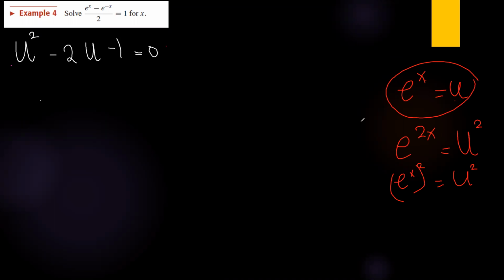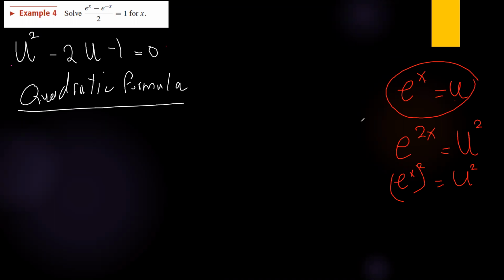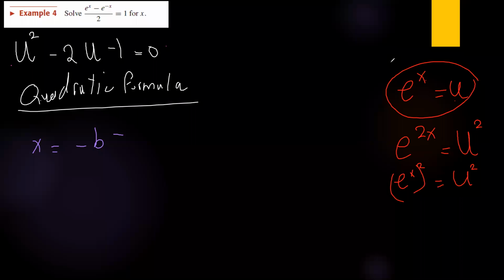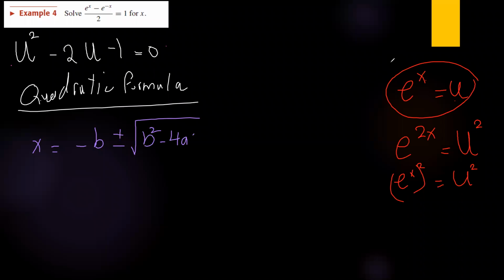The quadratic formula helps me to find it now. So x is negative b plus or minus the square root of b squared minus 4ac, over 2a.